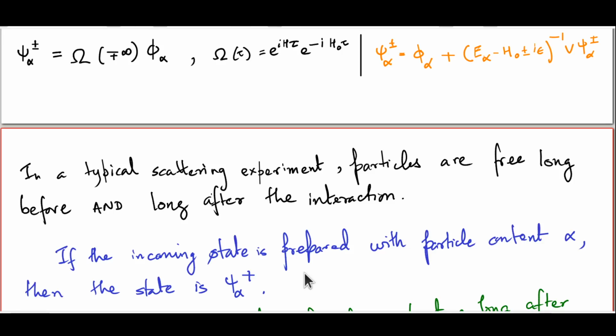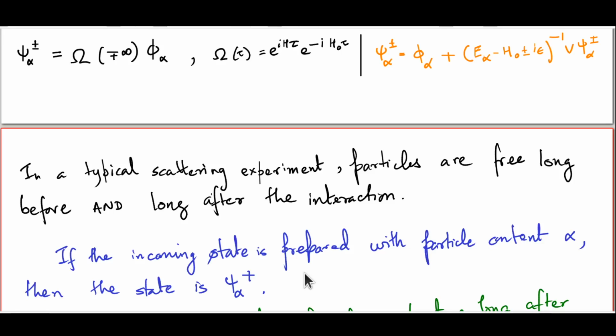If you were to observe the system in the remote past, it would reveal the presence of these non-interacting free particles. So the state in the remote past, and remember, because we are using the Heisenberg picture, the state all along is psi alpha plus.